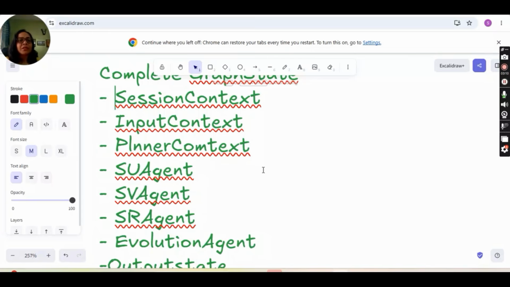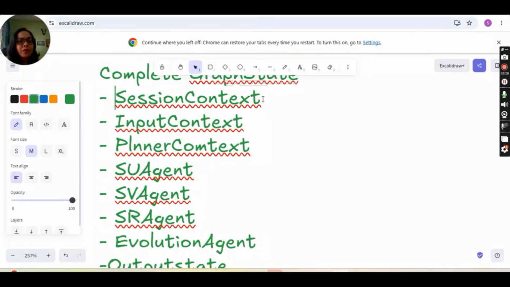From that perspective, I will give an example of the session context, and that is your homework number 2: to fill up the variables, the data types, and the purpose of each variable inside each state.